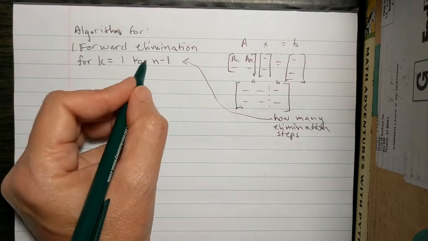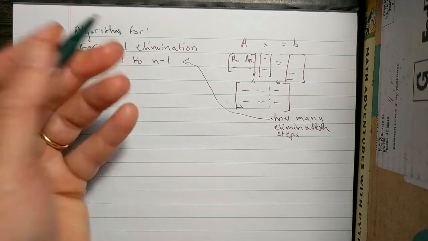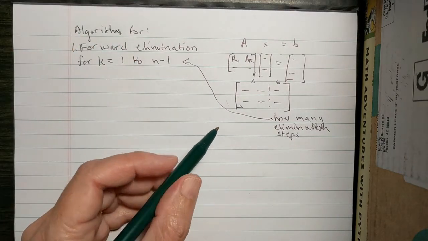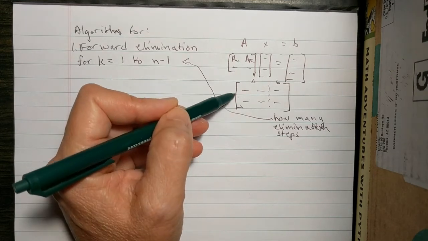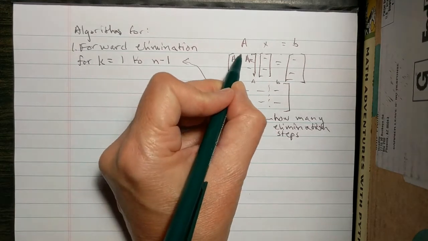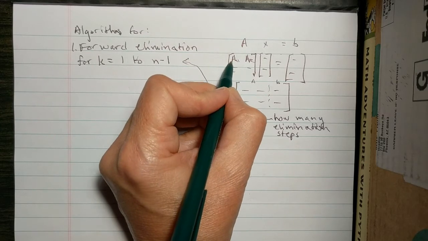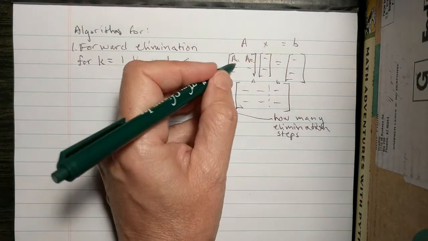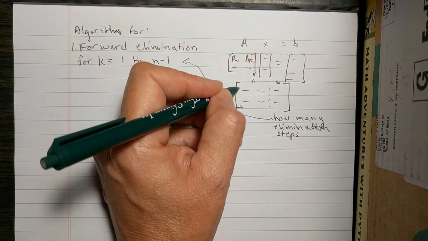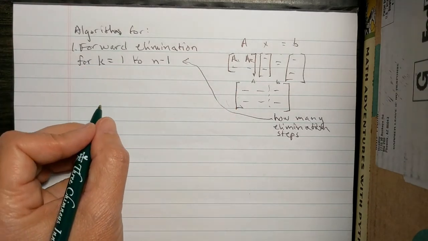For any elimination step, what we need to do is eliminate all the stuff in the columns below whichever pivot we're looking at. We call these guys pivots here on the diagonal. So you have to eliminate everything below that diagonal, so we want to go down that column.